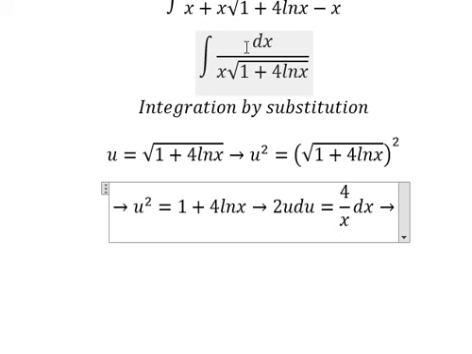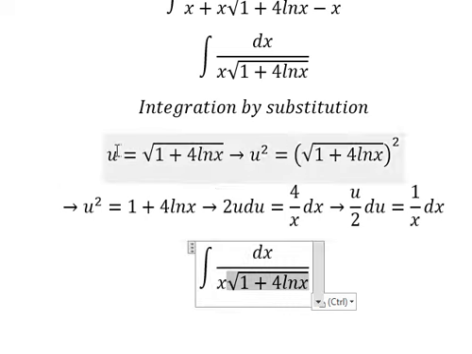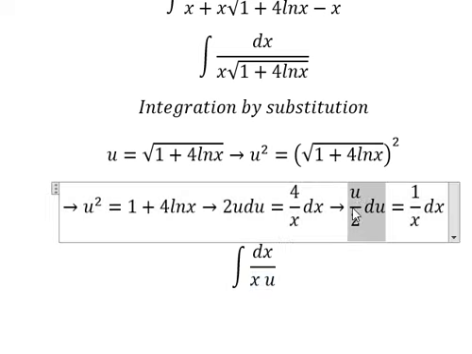Because we don't have 4, we need to divide both sides by 4. So the square root is u. The ds over s is u over 2 du.